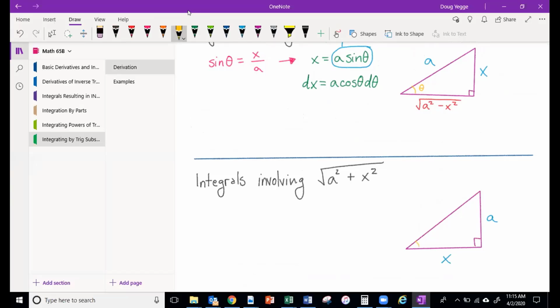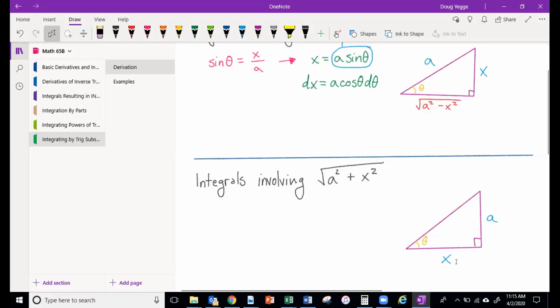So if that's my angle theta, then in order to compare these two sides, what trig function would I be applying? Tangent. So it would be tangent of a over x.